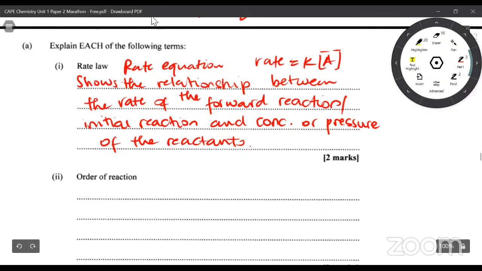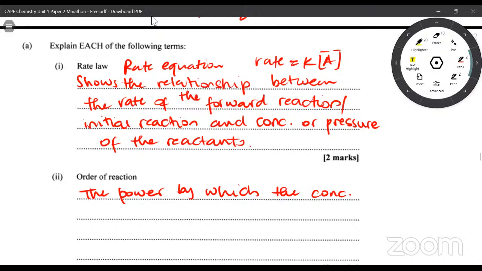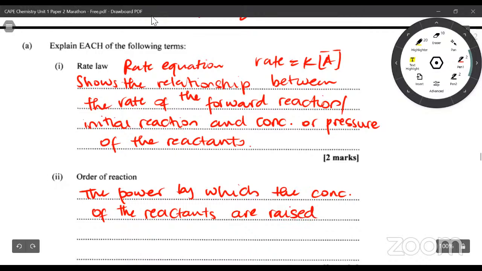And now let's say explain what the order of the reaction would be. The order of the reaction would be the power by which the concentration of the reactants are raised, and the rate of the reaction actually depends on that.